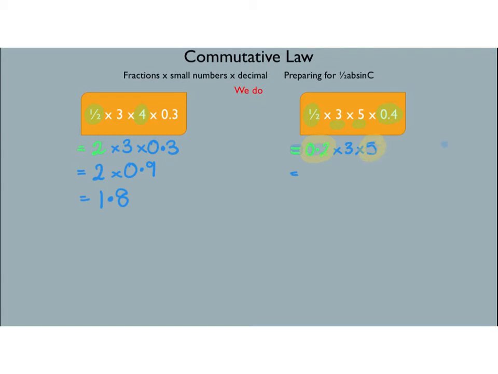I know that 2 times 5 makes 10, which means that 0.2 times 5 is 1.0. Now 1.0 is just 1. So if I do 0.2 times 5, that makes 1. I've still got to multiply by the 3, and that gives me the answer 3.